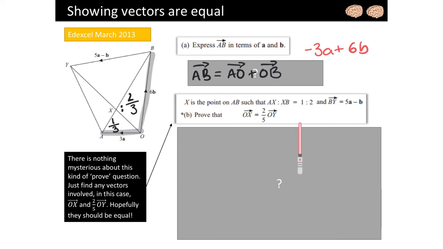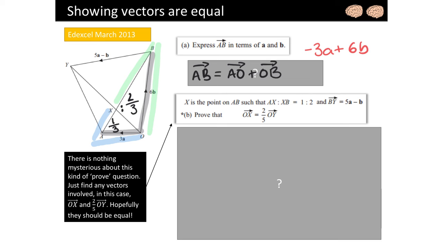So I want to go from O to X. Personally, if I was going from O to X, I would do OA, AX. However, you could do it a different way. What could you do? OB, BX.